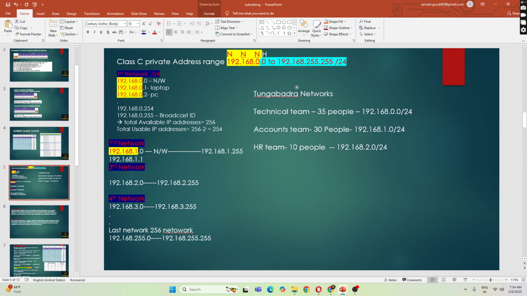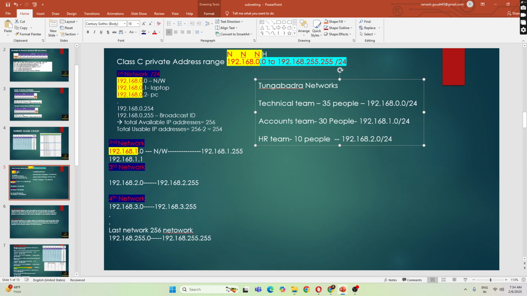These are the teams. How many IP addresses are available here? Usable IP addresses: 254. In each network it is 254.